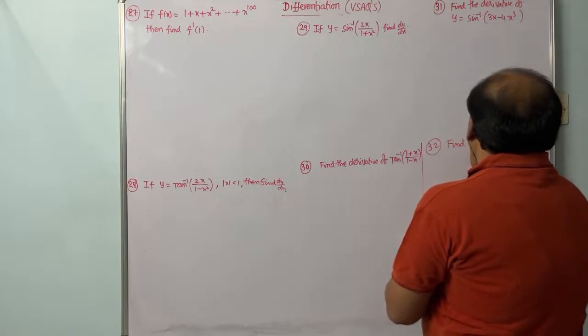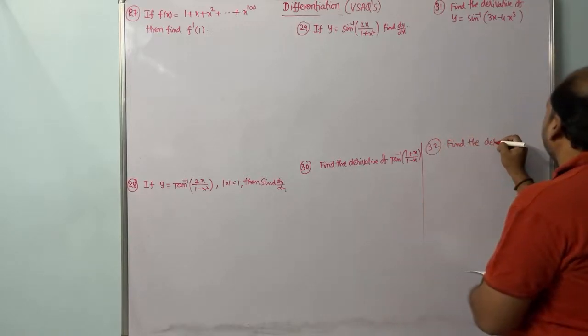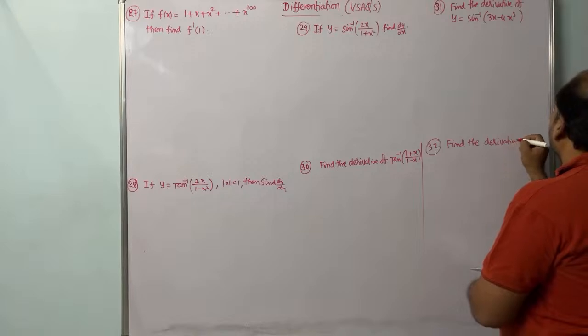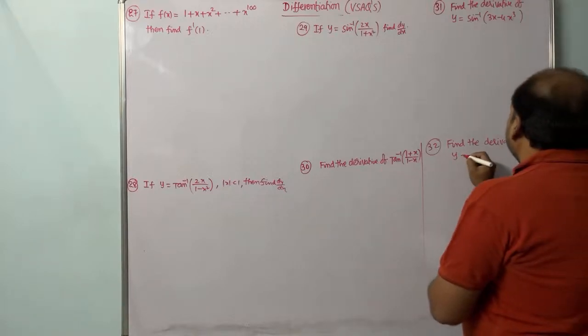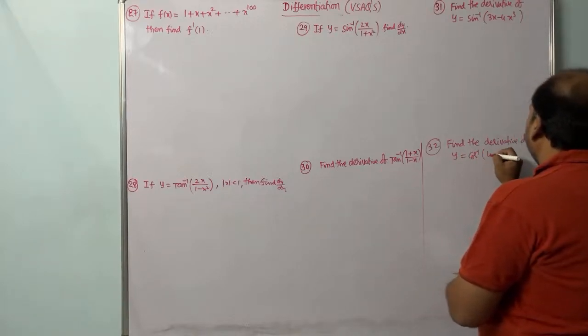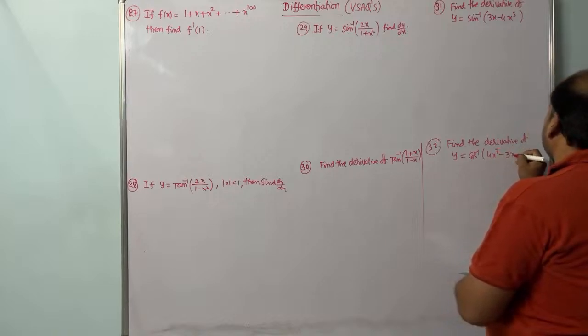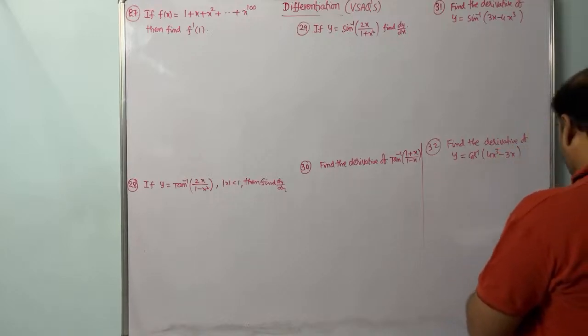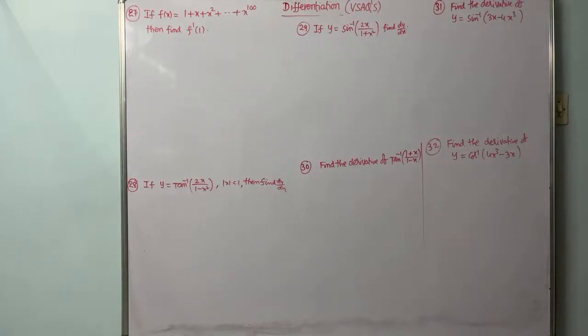Find the derivative of y is equal to cos inverse of 4x cube minus 3x. Okay, dear students, so these are the questions. So we are going to do that, which are all important.